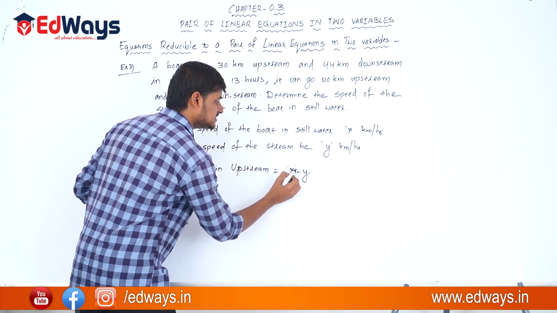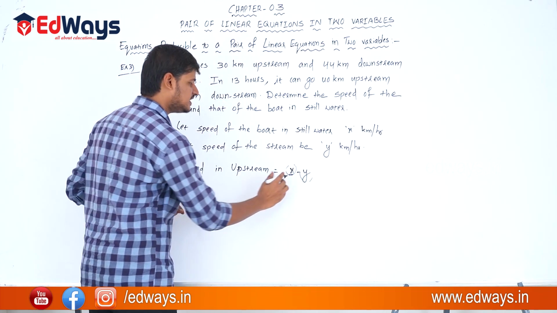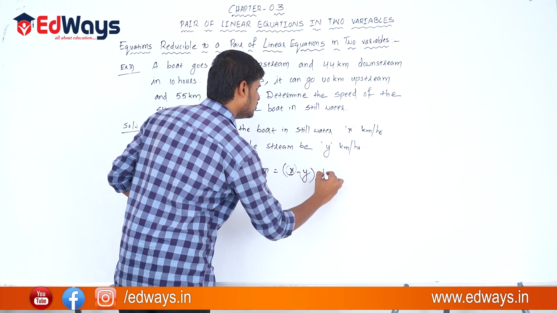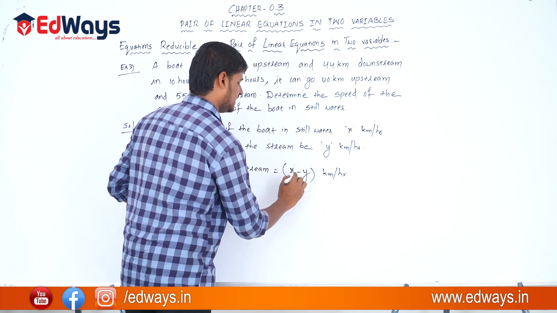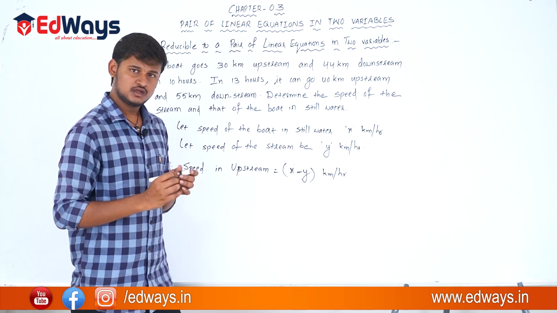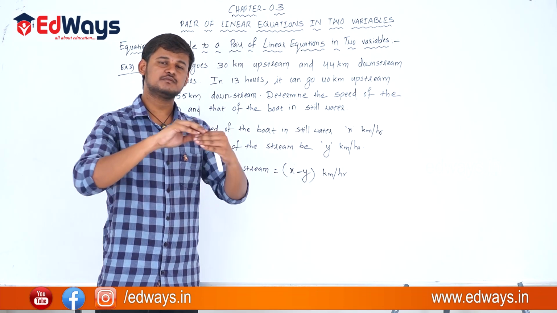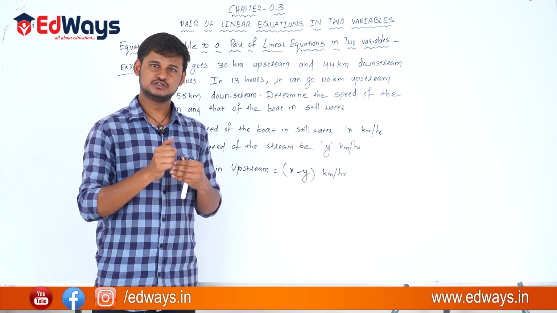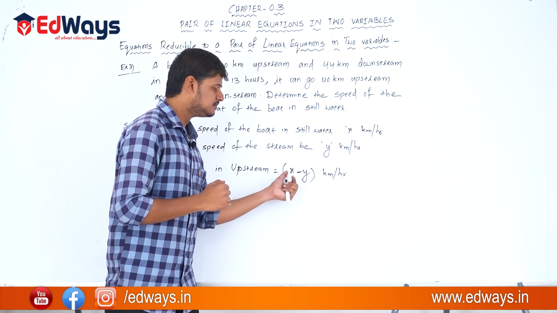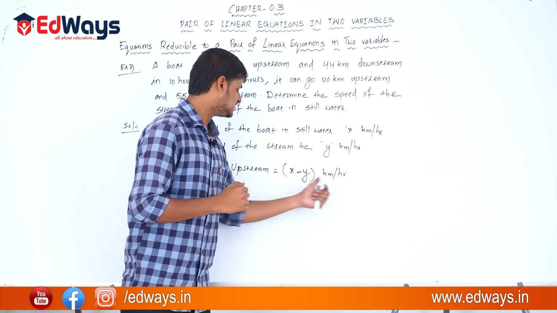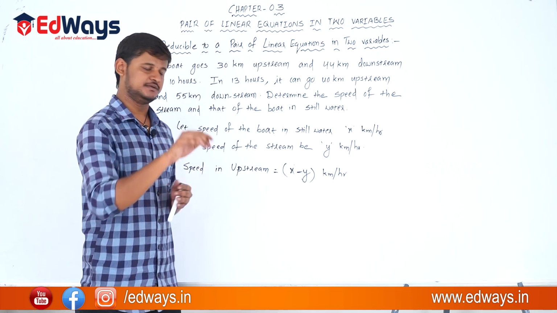So x should overcome y. So x minus y kilometers per hour is the speed in the upstream. Understood the situation? The boat has to overcome the speed of the stream, then only it can move forward, so we take boat speed minus stream speed.